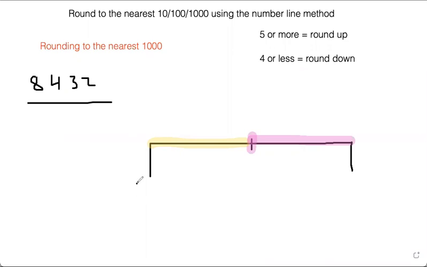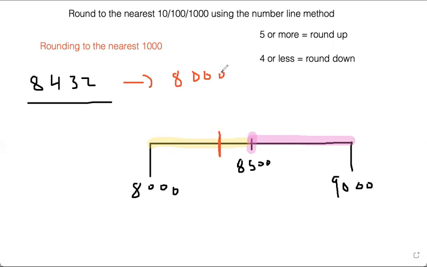It's in between 8,000, that's the furthest before, and the next thousands is 9,000. Oh, don't forget to mark on halfway, 8,500. 8,432 would fall to around here in the yellow, 4 or less. So it rounds down to 8,000. Like so.